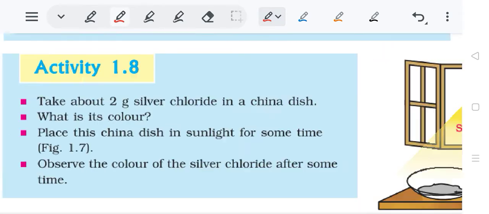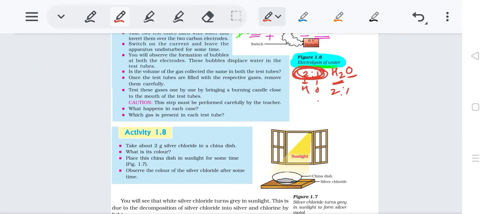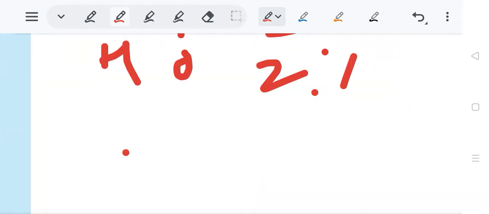So this was electrolytic decomposition reaction. The definition is not given, so let me write it here.